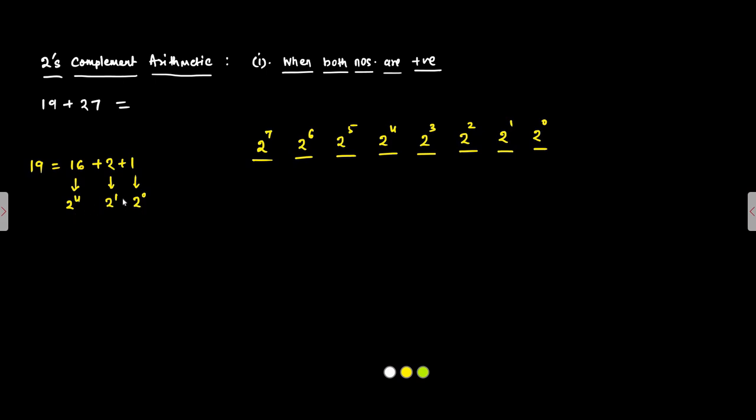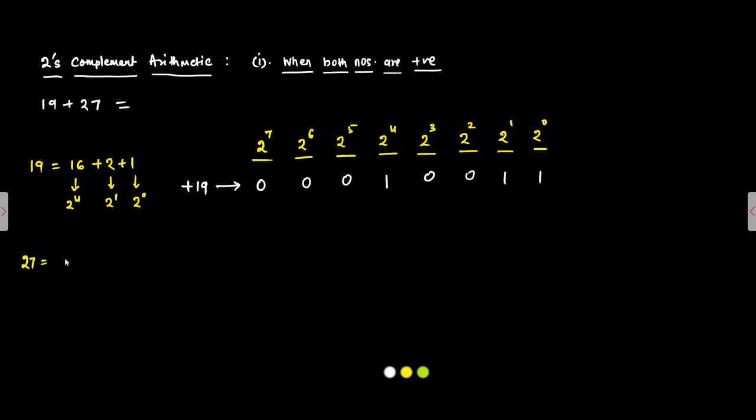These respective weight positions will have 1's, and the remaining positions have 0 bits. This is for plus 19.